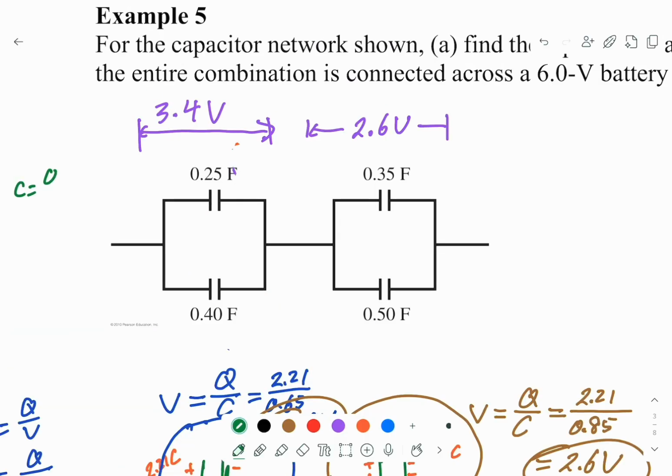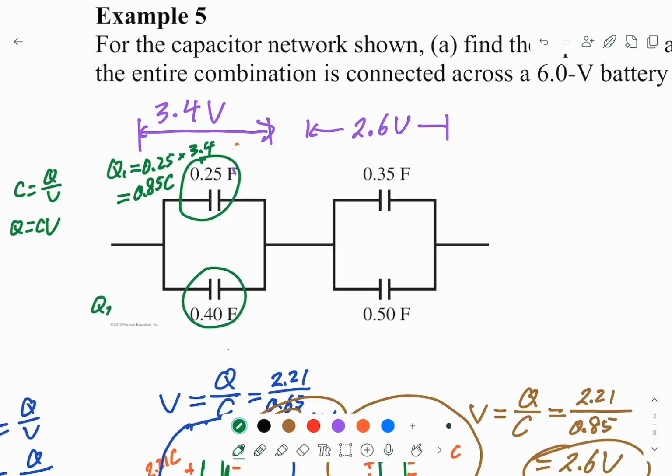C equals Q over V and Q equals CV. So the charge in this one here, we can call Q1, is equal to C multiplied by 3.4. So this is 0.85 coulomb. For this one, we call Q2, is CV, of course, and C is 0.40.